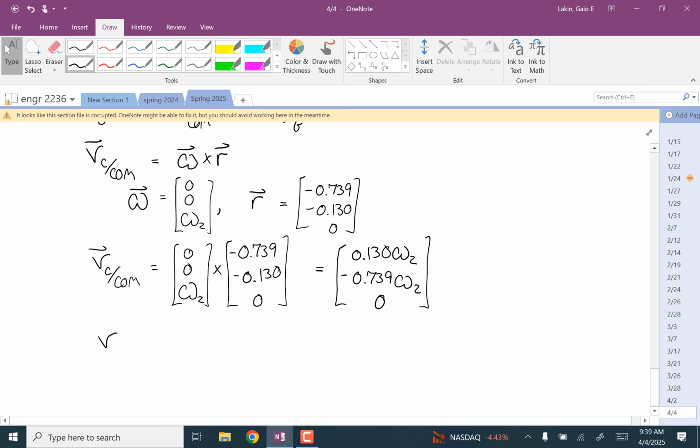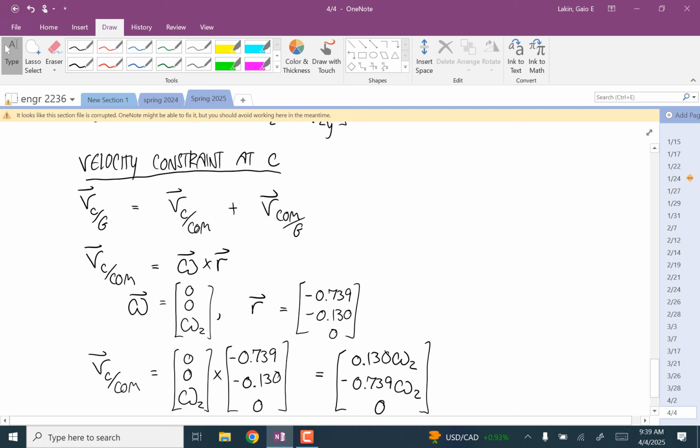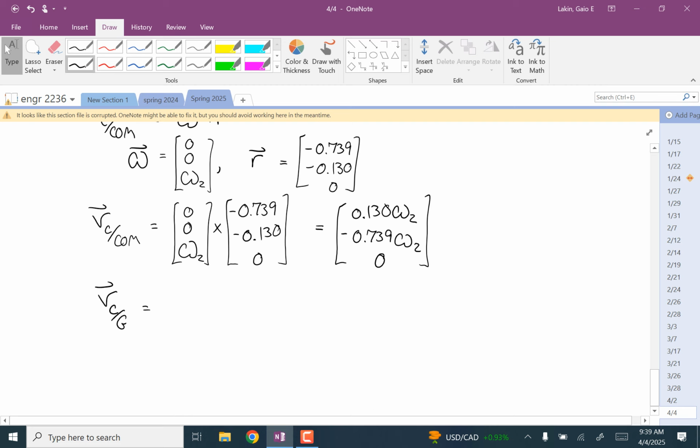And so the velocity of C relative to the ground is equal to, according to relative motion, this plus what we're using to express the velocity of the center of mass.